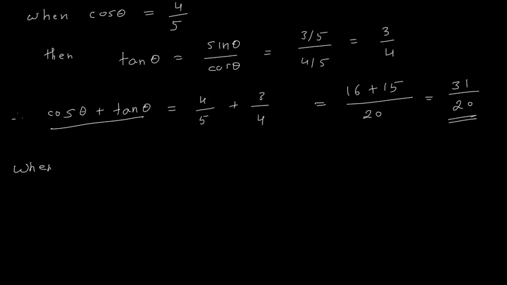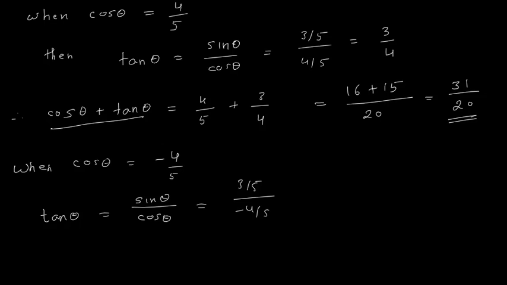When cos theta is minus 4 upon 5, let us first find tan theta. So I have tan theta equal to sin theta upon cos theta, equal to sin theta 3 upon 5, cos theta minus 4 upon 5. So this gives me minus 3 upon 4.